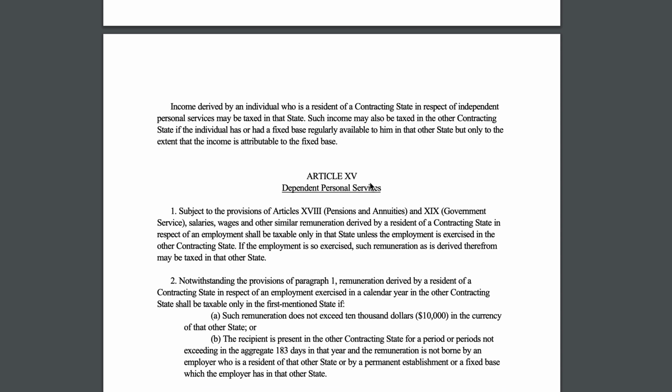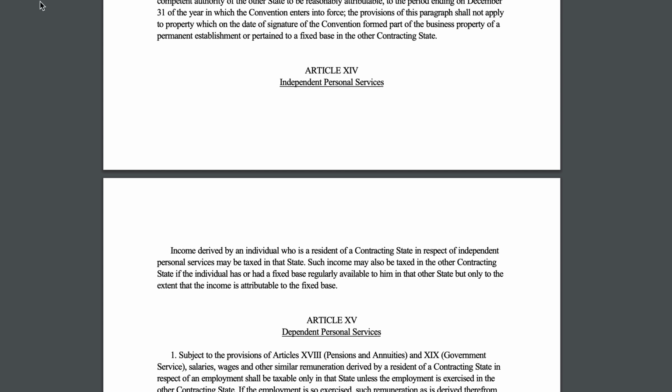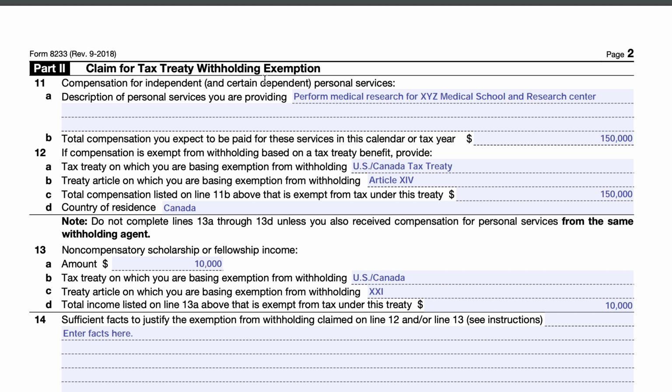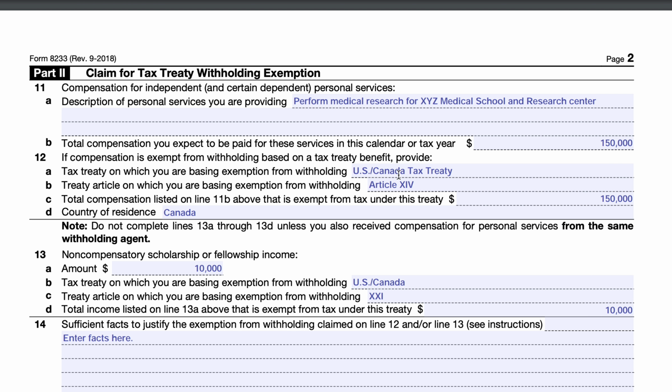So it could be Article 14, it could be Article 15. Really, it depends on the treaty that's in place, and then whether or not he's operating as an independent contractor or as an employee. So in this case, he's making his case that he's an independent contractor. That's the article that he's citing.